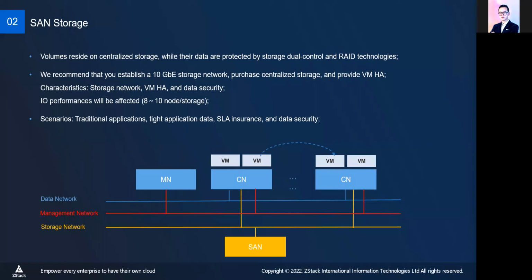Because SAN storage has better performance, it can run some high performance applications like databases, and it also has an IO NIC bottleneck: one SAN storage can only mount to 8 to 10 nodes.